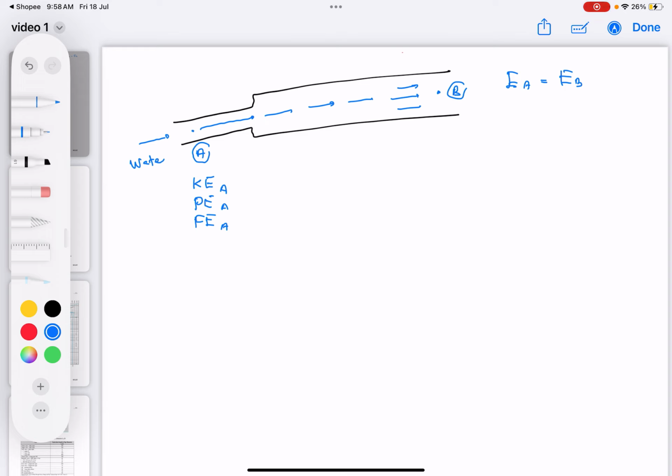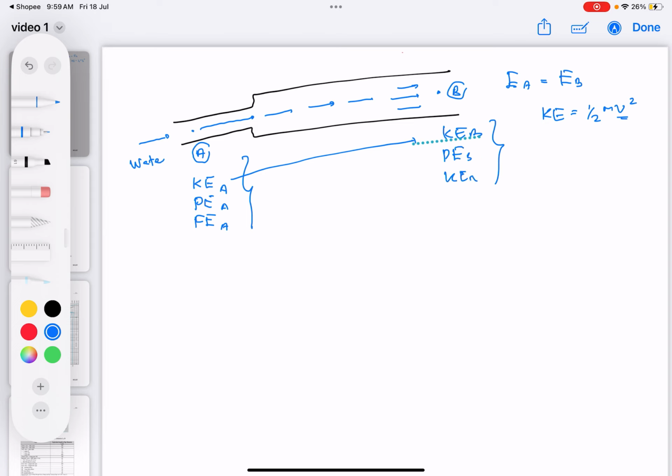Most probably, the kinetic energy at point A is not going to equal the kinetic energy at point B. Why? Because the pipe has different diameters, therefore the velocity is going to be different, and kinetic energy depends on the velocity of the fluid. But still, in the end, the total at A should be equal to the total at point B.